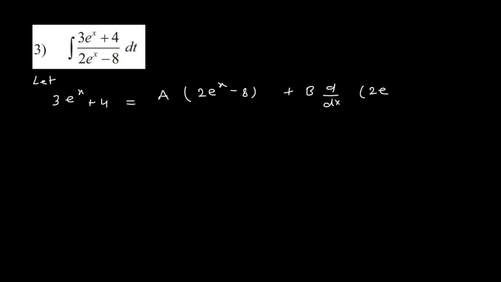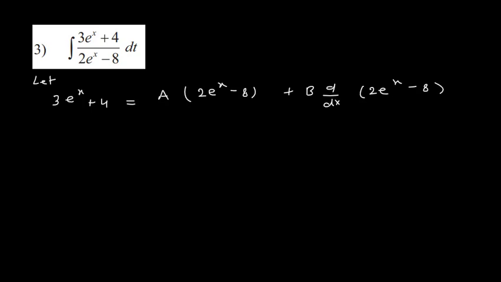Now let us see this third question. Now you can solve all these problems by yourself, so you can pause the video and solve these problems. What you do, you will assume let 3 e power x plus 4 is equal to a times 2 e power x minus 8 plus b times derivative of this 2 e power x minus 8.